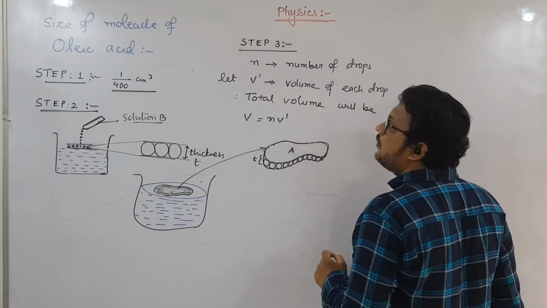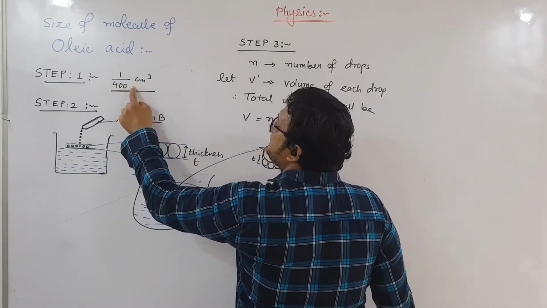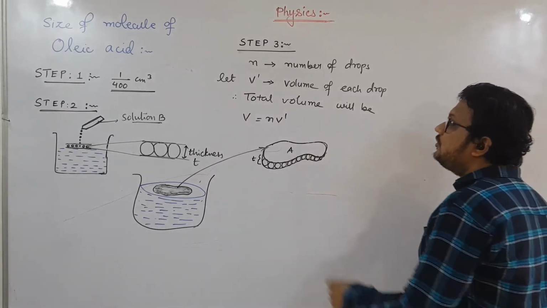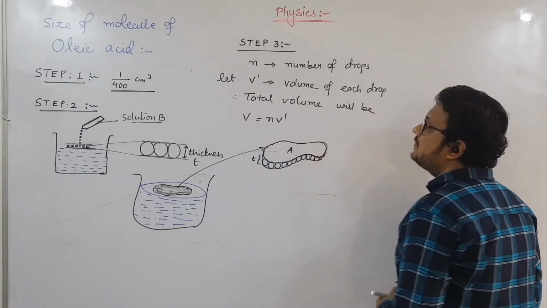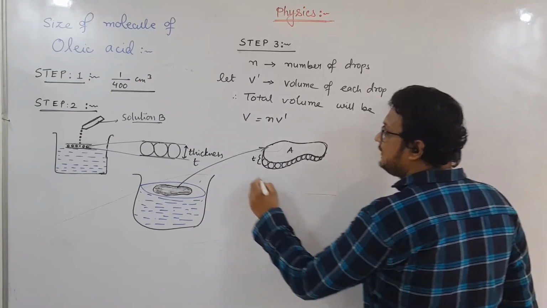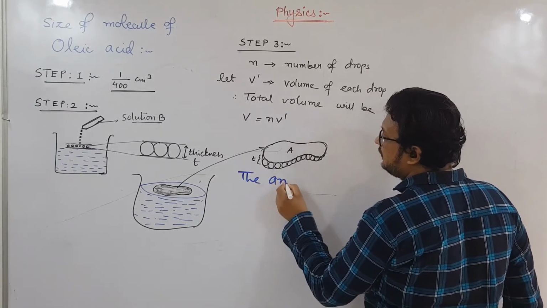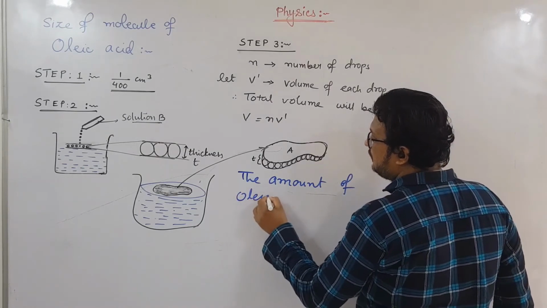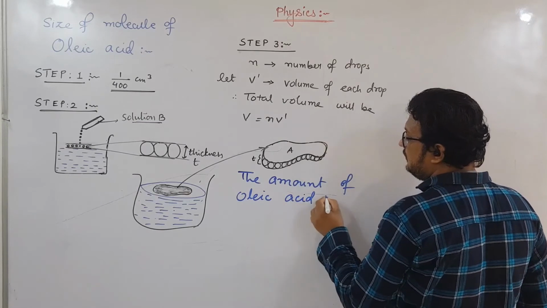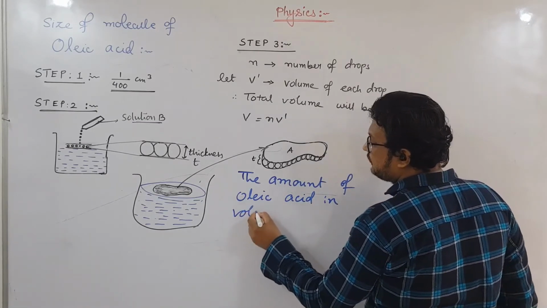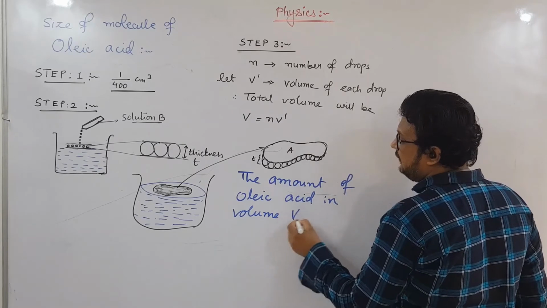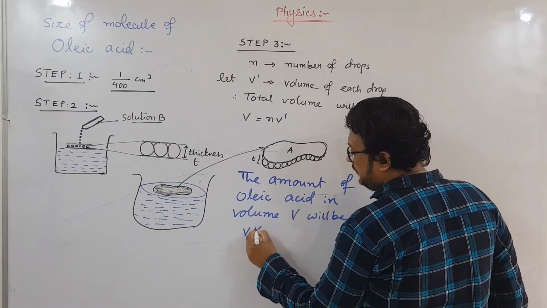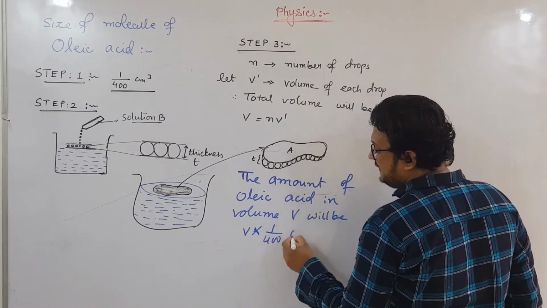Now the concentration of oleic acid is 1 by 400 centimeter cube, that is, in 1 centimeter cube it is 1 by 400 centimeter cube. So in this total volume, what will be the amount of oleic acid? The amount of oleic acid in volume V will be V into 1 by 400 centimeter cube.